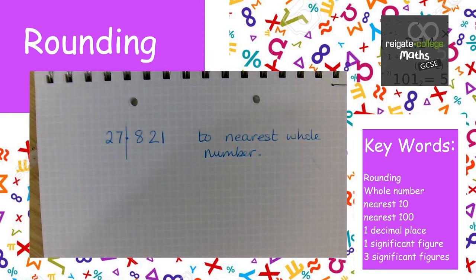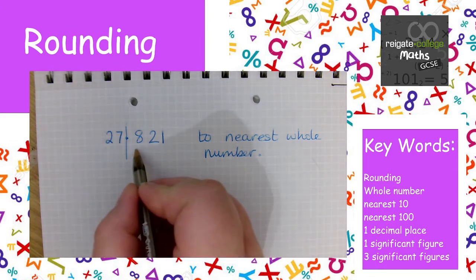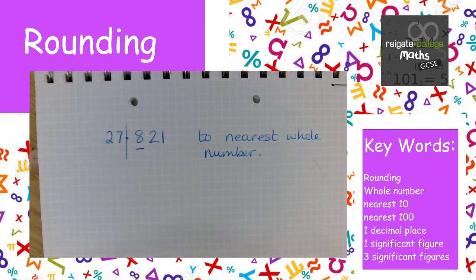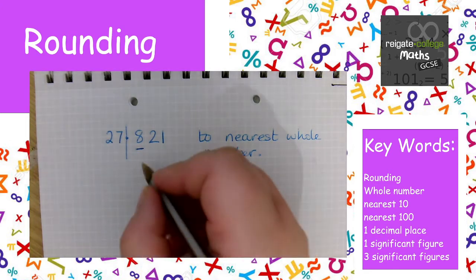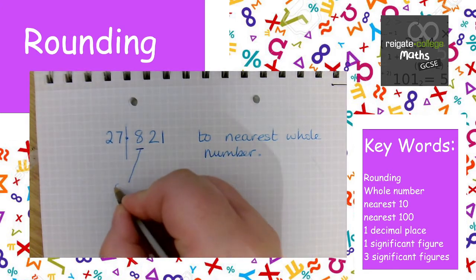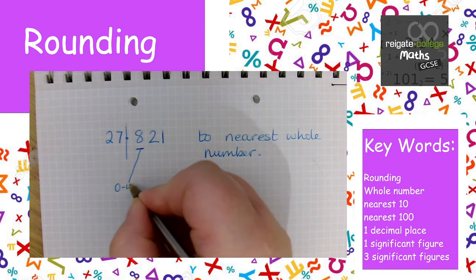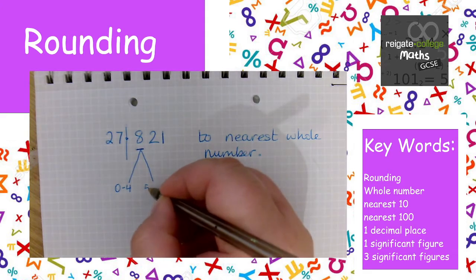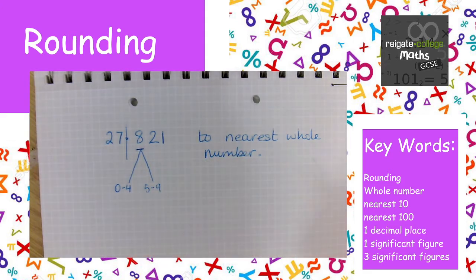That's the nearest whole number. What we then do is we look at the number that comes straight after that point of rounding, and we want to identify whether the number is between 0 and 4 or 5 and above.